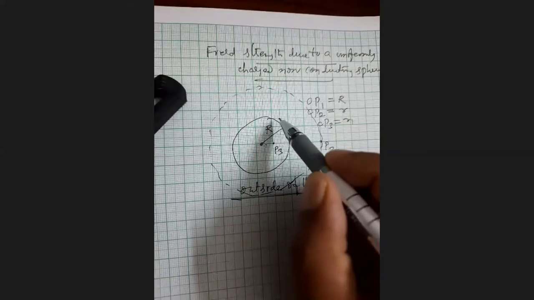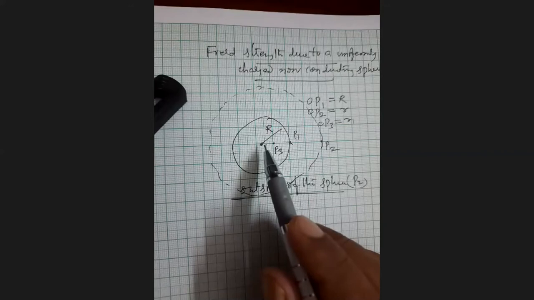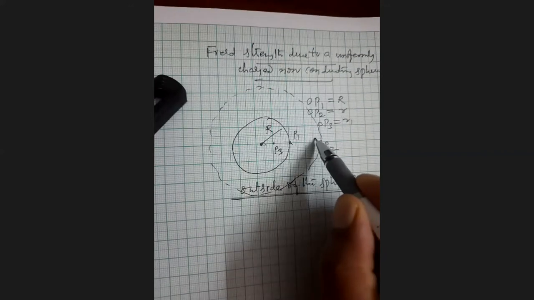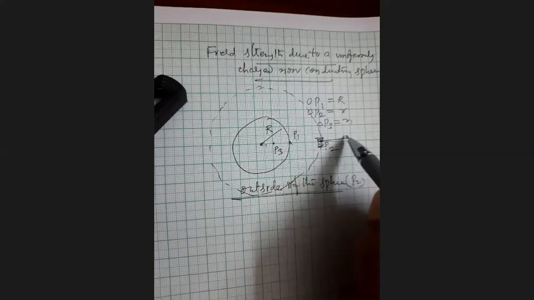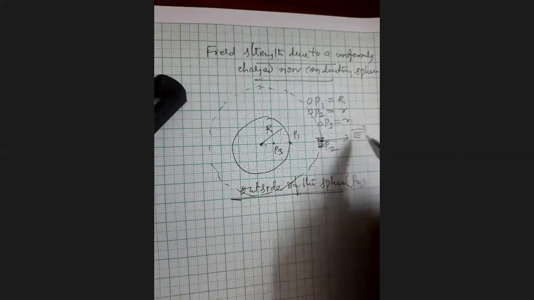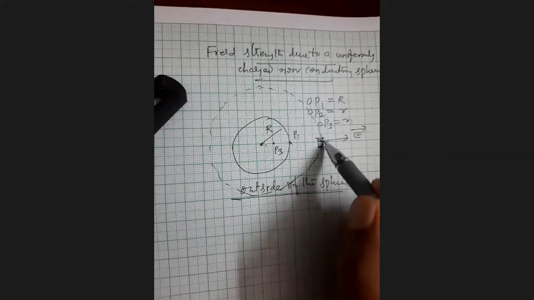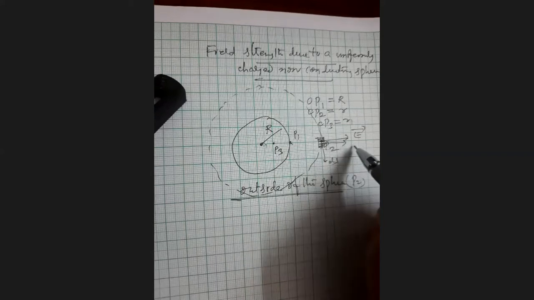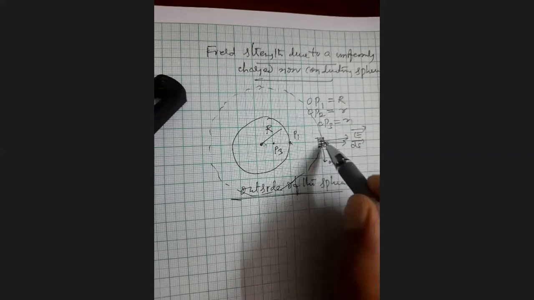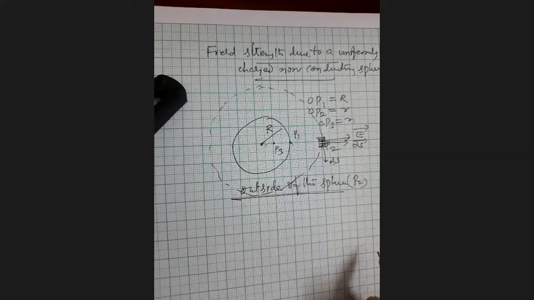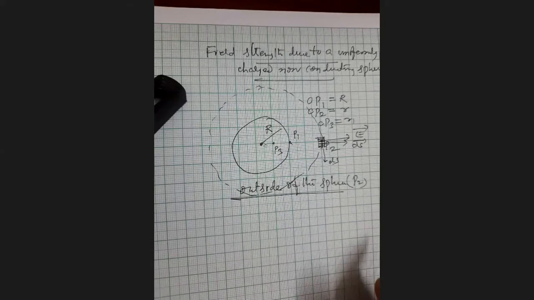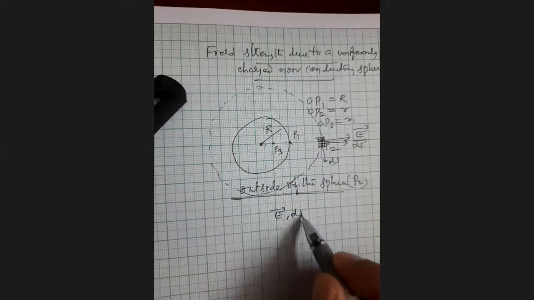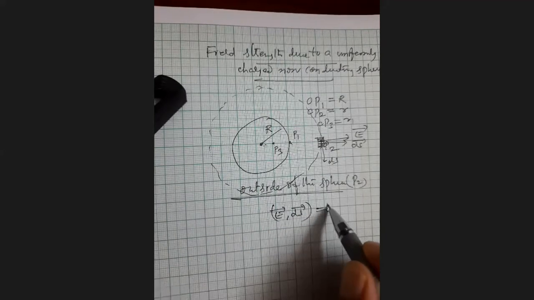Since it is uniformly charged, if it is positively charged, because of the symmetry, the electric field strength is radially outwards. So here I am showing the direction of E bar like this. This is the area element ds. The direction of the area vector ds bar is also perpendicular to this elemental area. Here the angle between E bar and ds bar is 0 degrees, right?